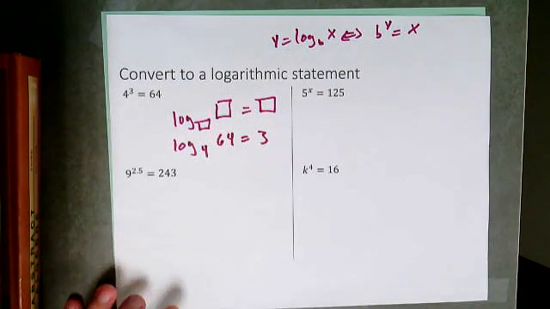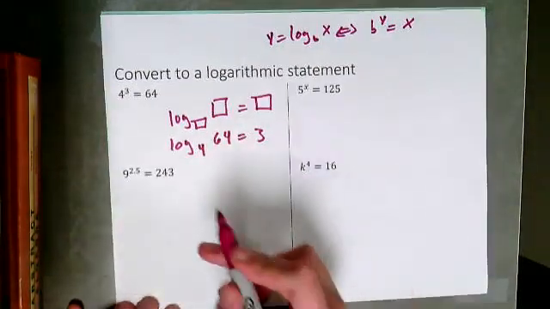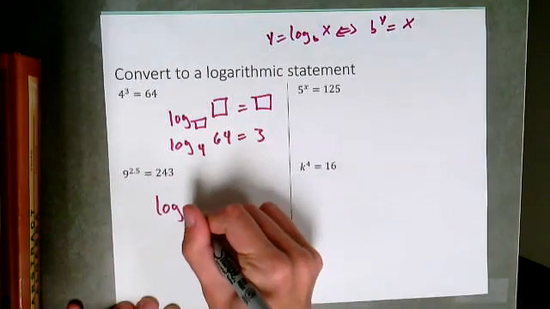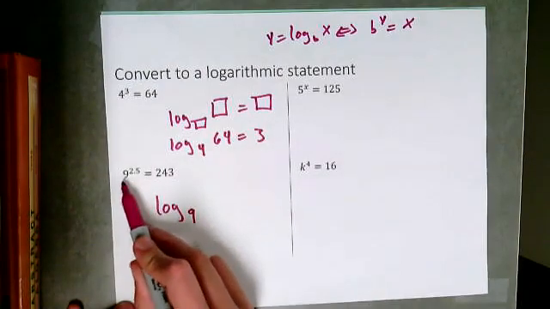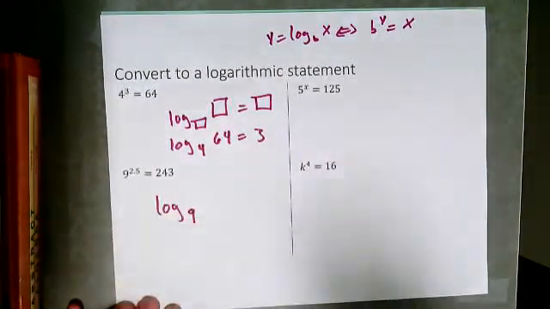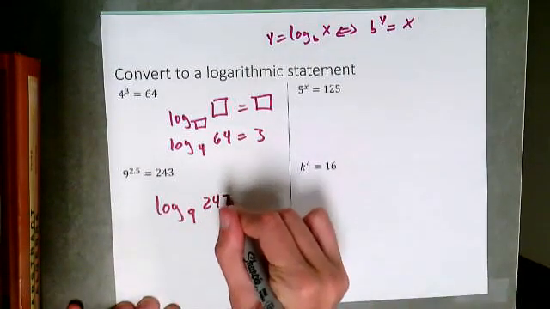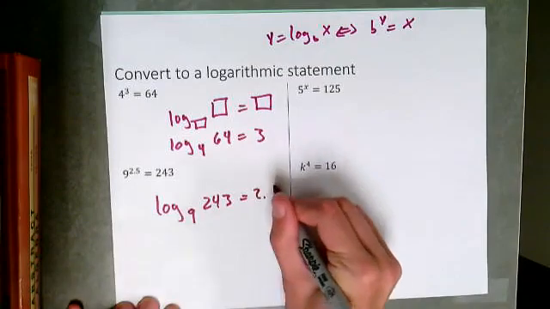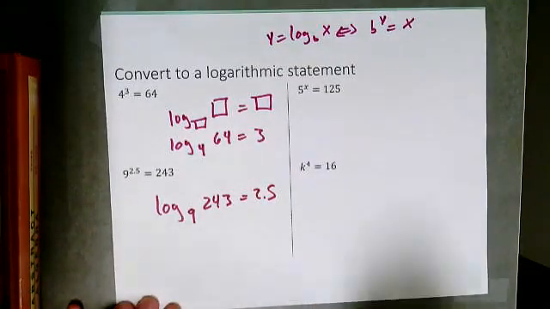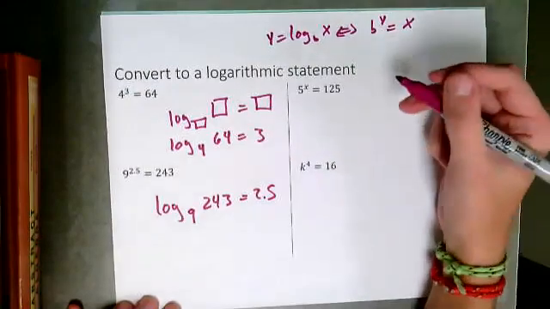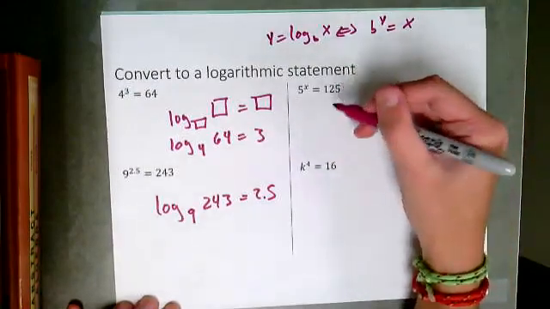All right, let's go down to this one. Same deal. Log base, in this case, 9, because it's the base of our exponent. Log base b of 243 is going to be 2.5. We're sort of hopping back across the equal sign. So if we look at this one, 5 to the x is equal to 125.